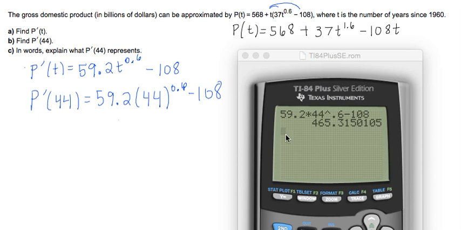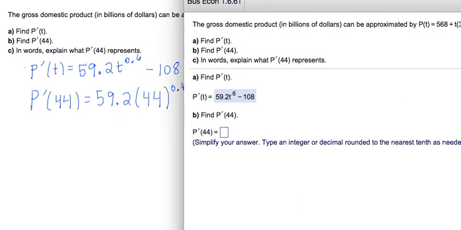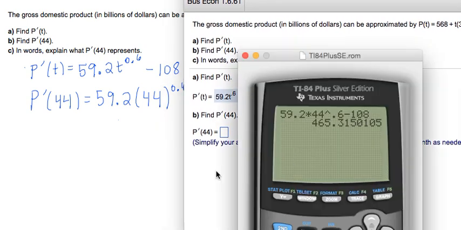Okay, so there's my calculation for p prime of 44. So I get 465, and I need to see how many decimals. Round to the nearest tenth. So just rounded to one decimal would be 465.3.